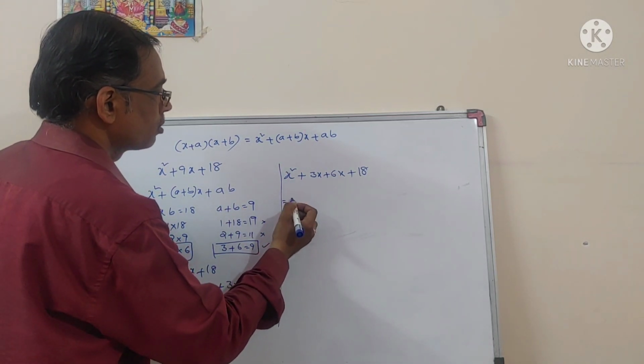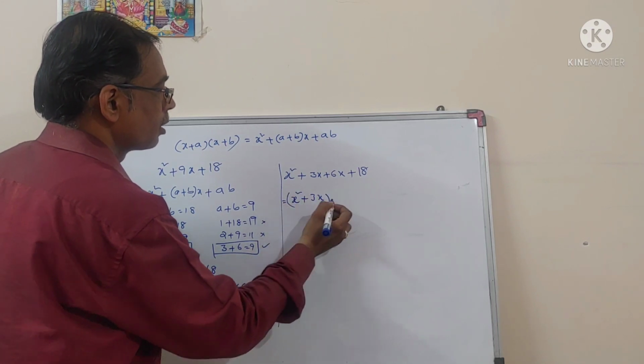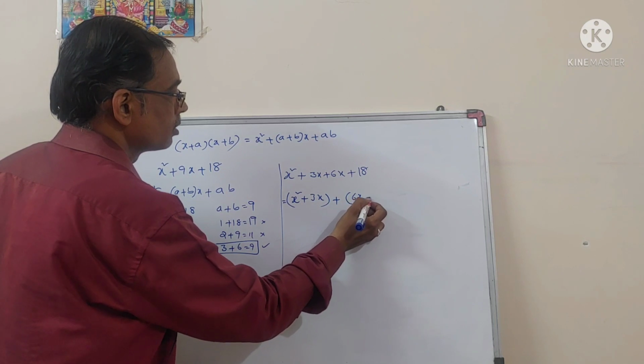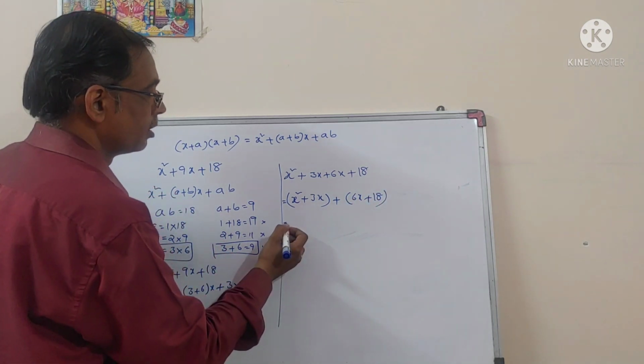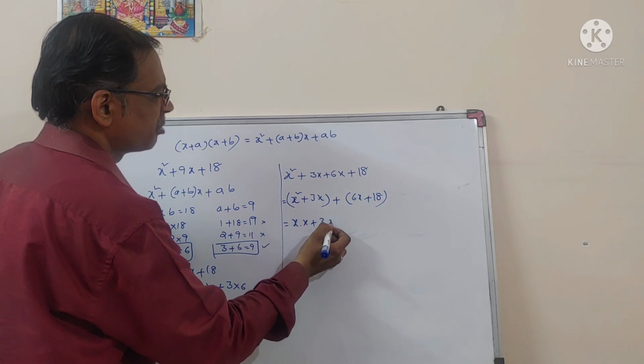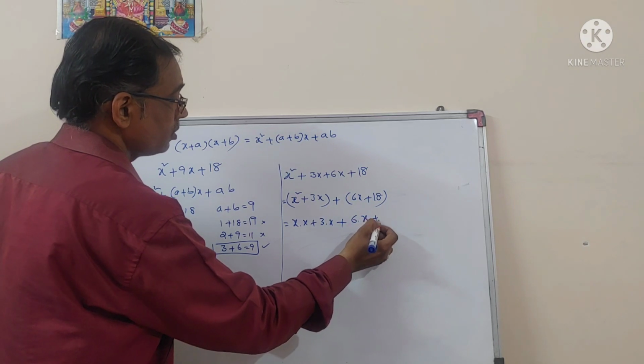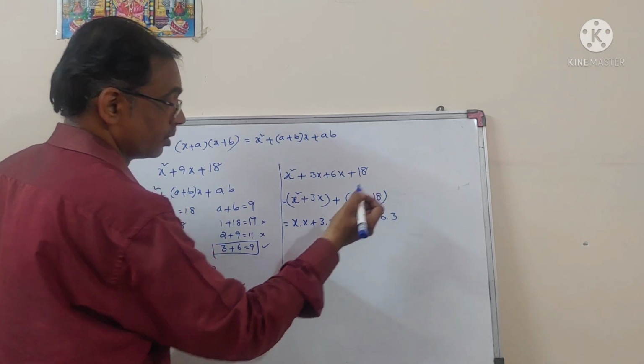By grouping first these two terms, we can write x square plus 3x, and the next two terms 6x plus 18. Now from these two we can get x as a common factor, x into x plus 3, and in this, 6 into x plus 6 into 3.